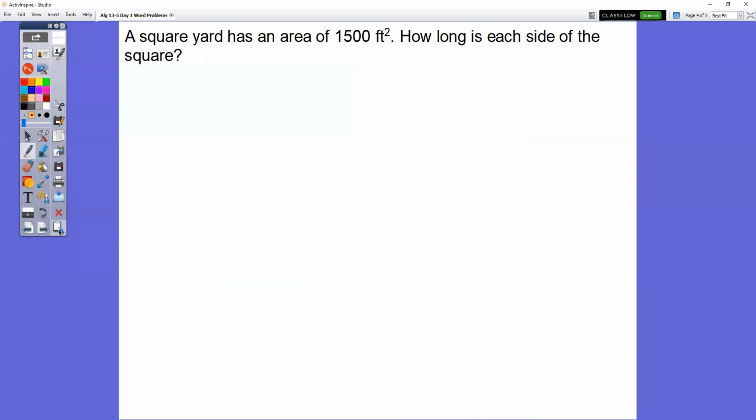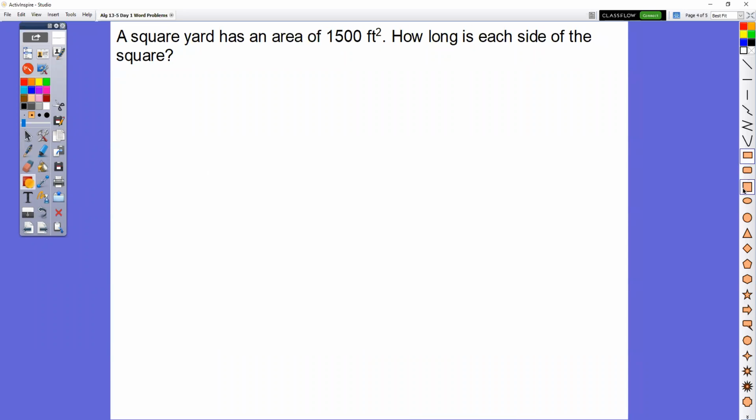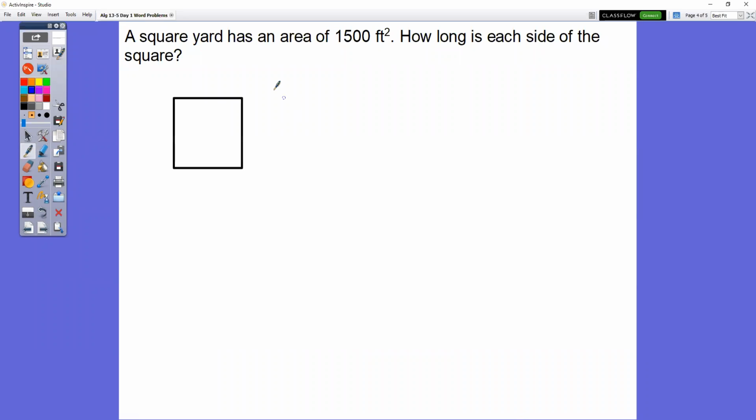Now, sometimes they're going to try and confuse you with a square. Squares are actually easier, all right? So if we have a square yard that has an area of 1,500, how long is each side of the square?